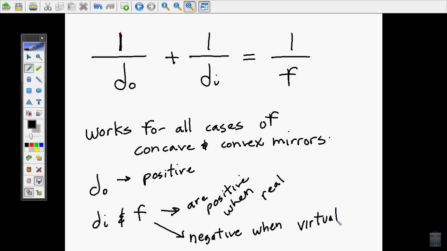For concave, yes, d sub I is going to be negative for the concave case when the object's way, way close. For the convex mirror, d sub I is always negative because there's only that one case.